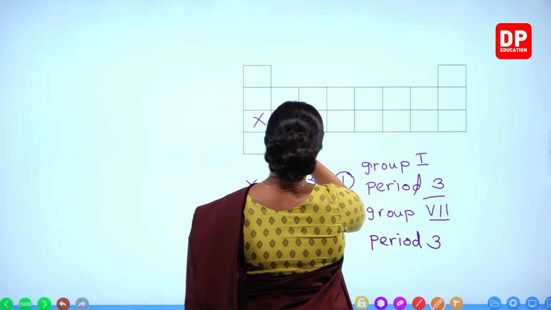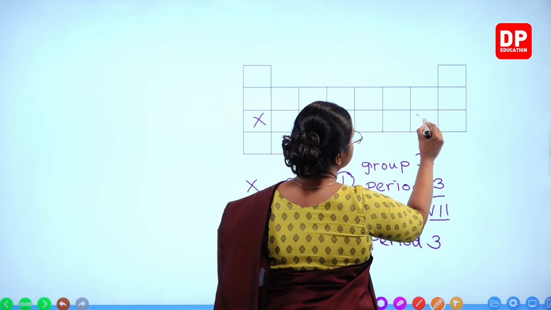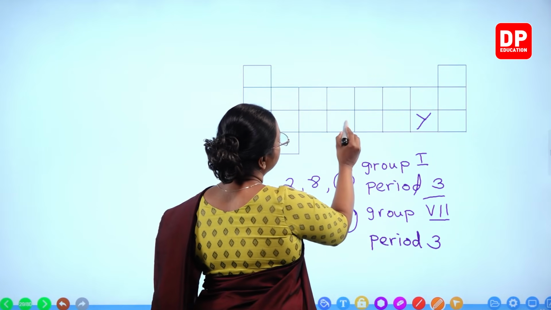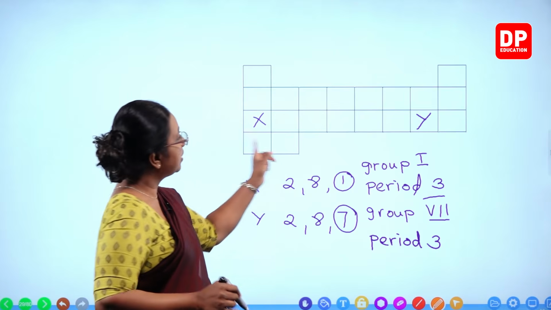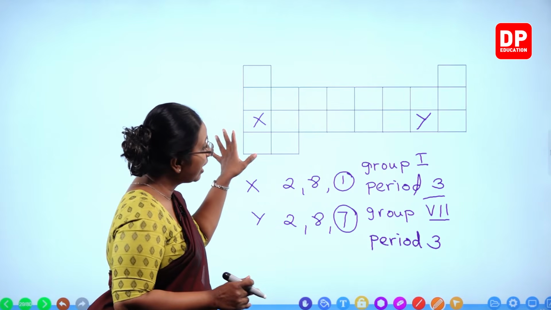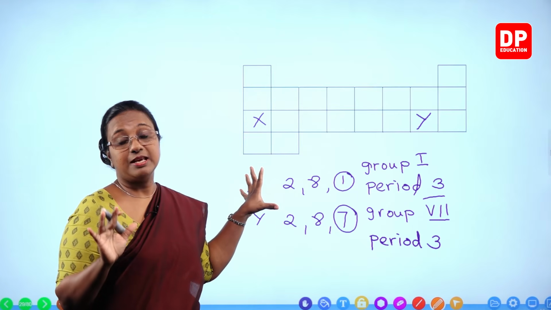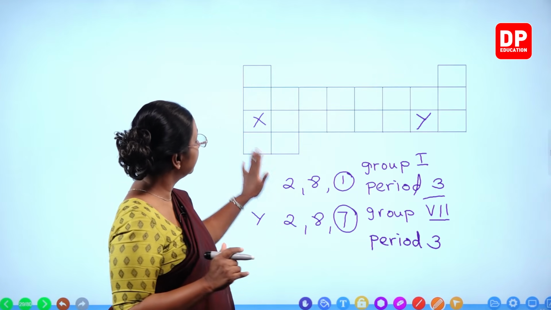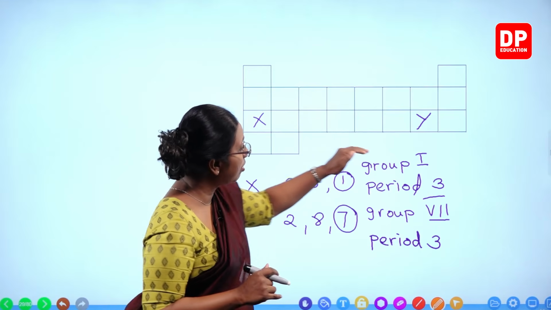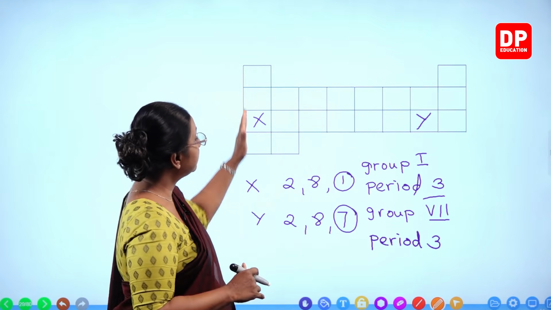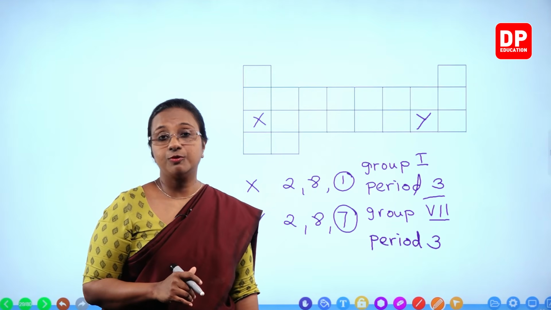So here Y has to go to period 3, group VII. You all know 1, 2, 3, 4, 5, 6, 7. So now you can easily see. You don't have to always draw this periodic table, but for better understanding, I have done that. So you can see they both belong to the same period, but they belong to different groups.